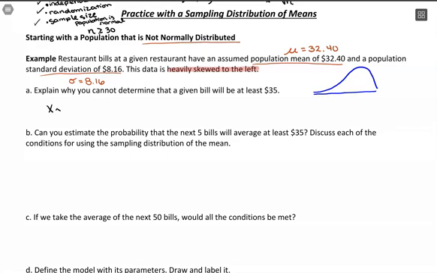So if I wrote this notation right now in terms of a single bill being N(32.40, 8.16), where this falls apart is me writing N right there, because N says bell-shaped curve, which we do not have, because they tell us that it is heavily skewed. So if it was normally distributed, absolutely we could do this, but when it's skewed, we can't. We would need calculus to do it, and we're not doing calculus in this course. So with that, we can't find probabilities with skewed data.